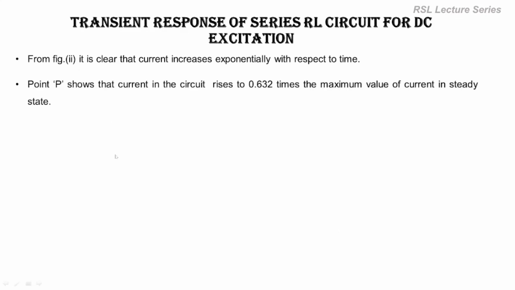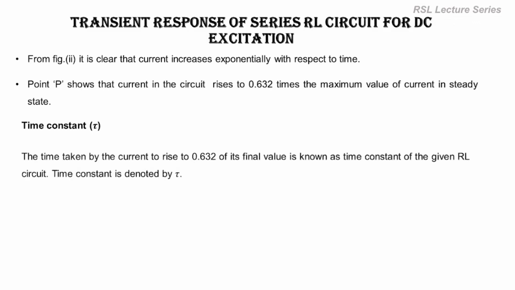It is the point at which the current rises to 0.632 times the maximum value of the current under steady state condition. Here the maximum value of current is V/R under steady state condition. The time constant is given by tau, and tau is given by L/R. This is the time constant of the RL series circuit.